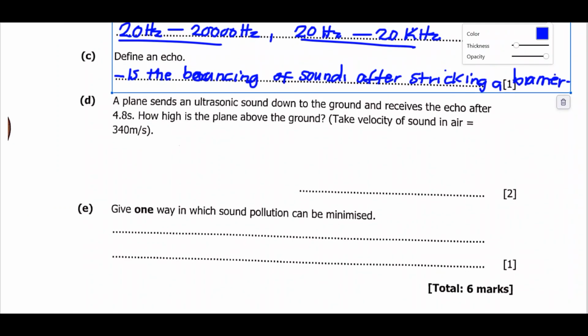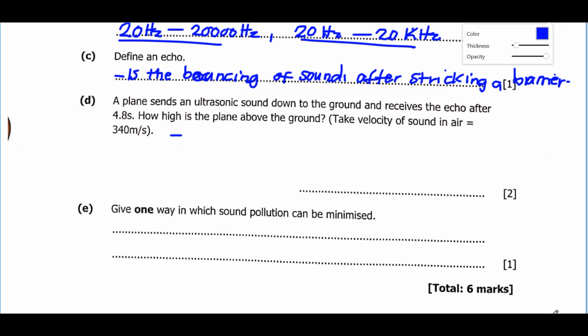Then question D: a plane sends an ultrasonic sound down to the ground and receives the echo after 4.8 seconds. How high is the plane above the ground? Take velocity of sound in air to be 340. Let me give you a simple illustration. We'll say this is a plane, then this is our ground.